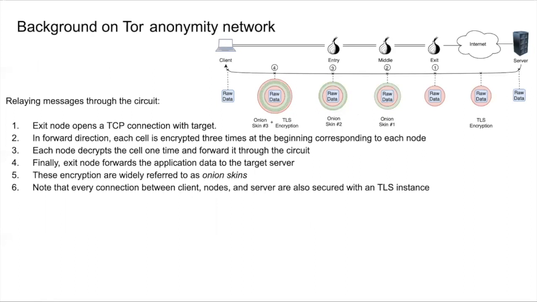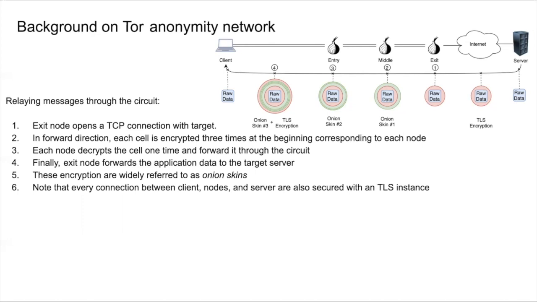Here is a picture of the encryption of a single cell as it goes along the path. So the procedure is that the exit node opens a TCP connection with the target server on the internet. In the forward direction, each cell is encrypted 3 times at the beginning, corresponding to each node.